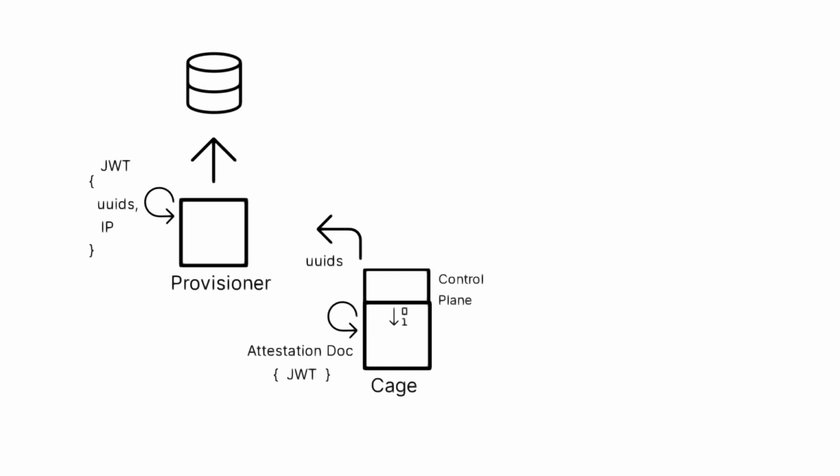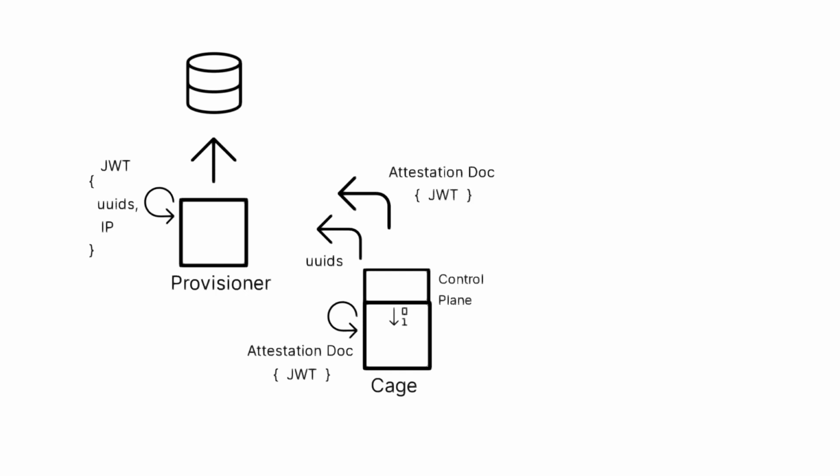So we've now essentially bound the trusted party of the control plane into the enclave. Using this attestation document, we can prove the integrity of both the cage and that it came from the correct instance. The second part of the handshake is that the cage sends a request over a TLS connection via the control plane, which contains that attestation document with the JWT.